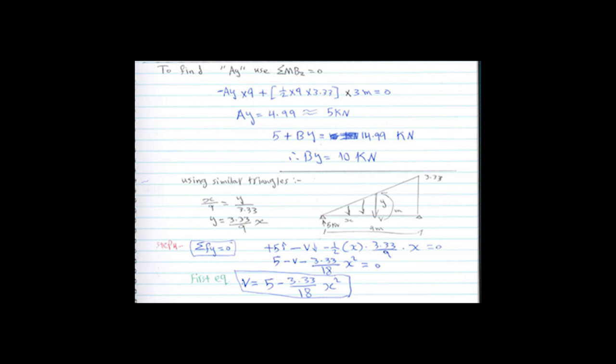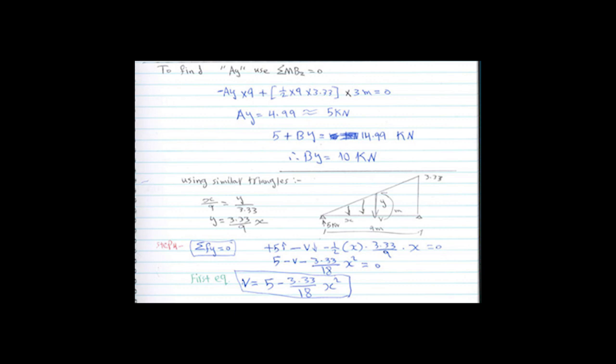Using similar triangles, I wanted to find out the first equation for the shear force. I went anti-clockwise with 5 kilonewton as positive and V as negative because it goes clockwise.